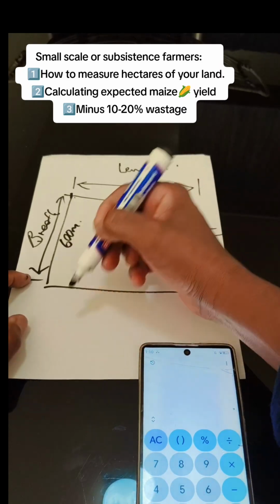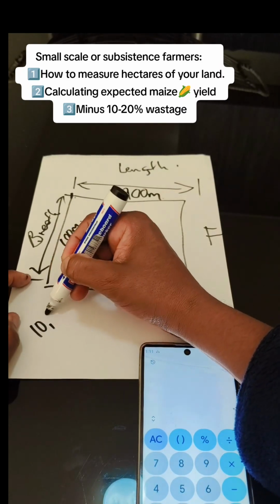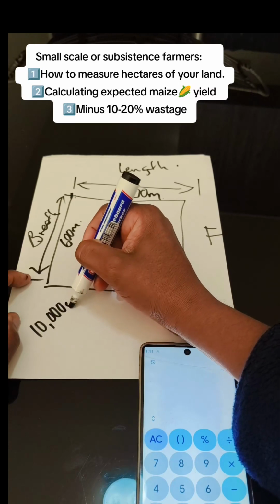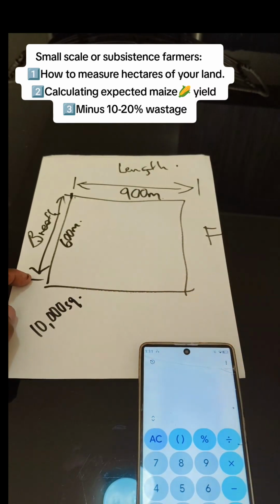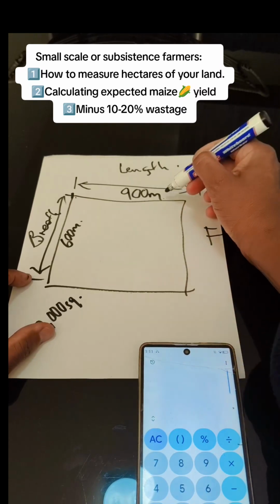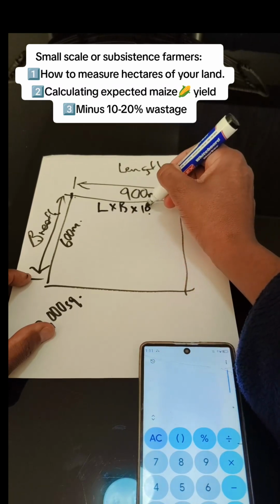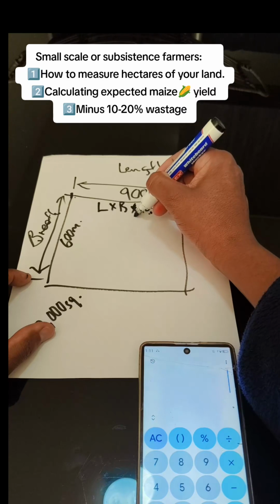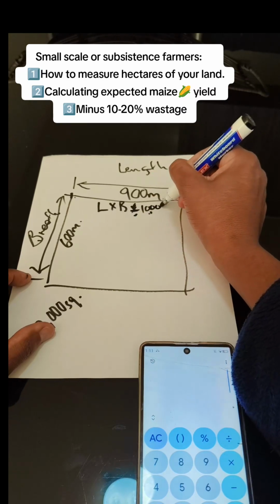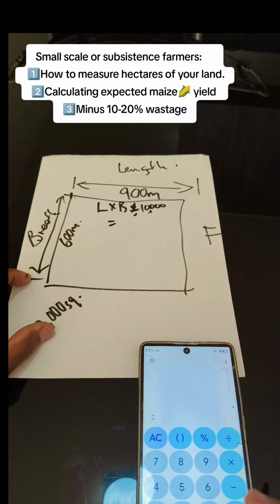For hectareage, a hectare is 10,000 square meters. So we calculate length times breadth, divided by 10,000 square meters, and it will give you the hectareage.